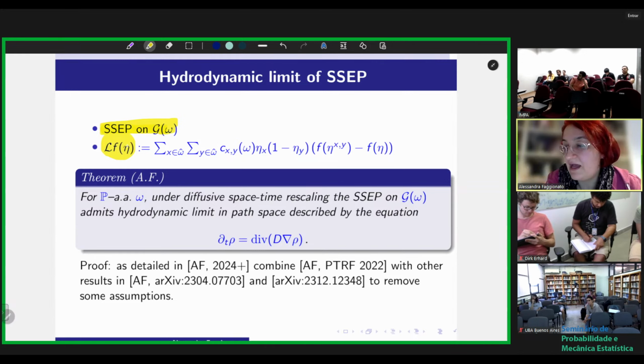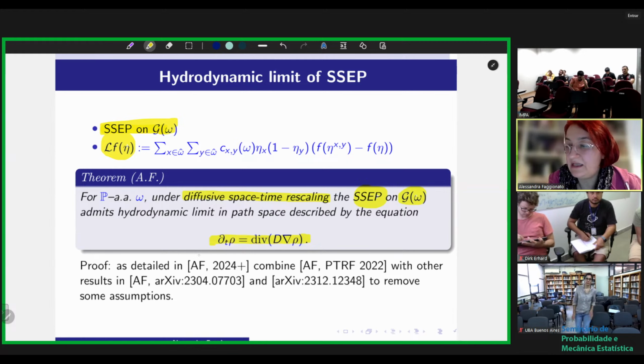So I have this theorem that for P almost all environments, under diffusive space-time rescaling, this interacting particle system set on the graph has a hydrodynamic limit in path space described by this equation.